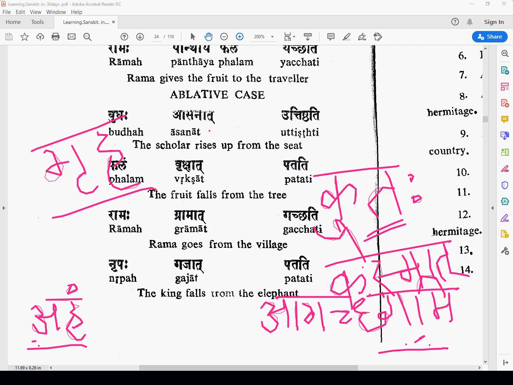Gruha is the base word. Gruhat. If you look at the table again, you will see gruhat. This gruha is like the phala word, phalam. So phalat, gruhat, similar. So aham gruhat agachami. I am coming from home.